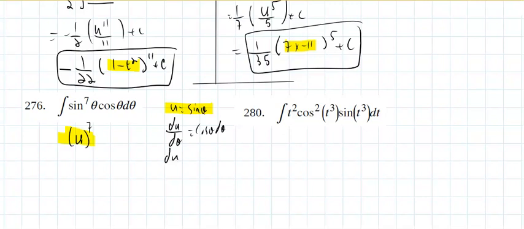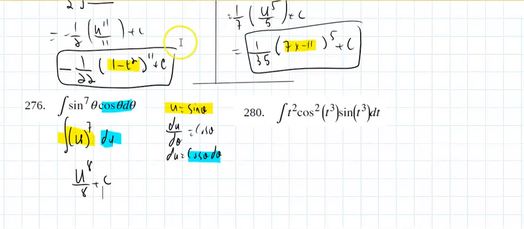If I cross multiply, well, that's simply add 1 to the power, divide by that.